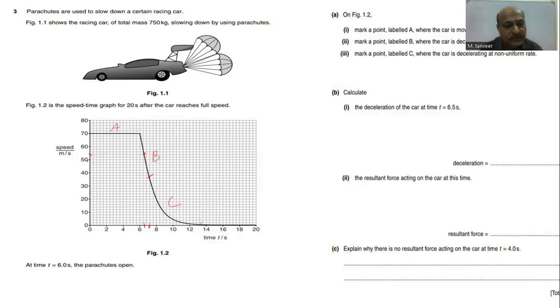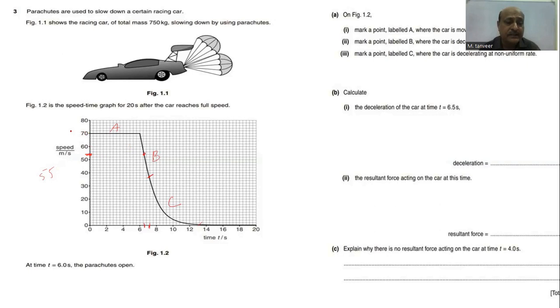So from 50 to 60, there are 5 lines. Each line shows 2 meters per second. So 1, 2, 2.5 lines, so speed is 2.5 multiplied by 2. This is 52, 54, and 55. The value of this point is 55 meters per second.